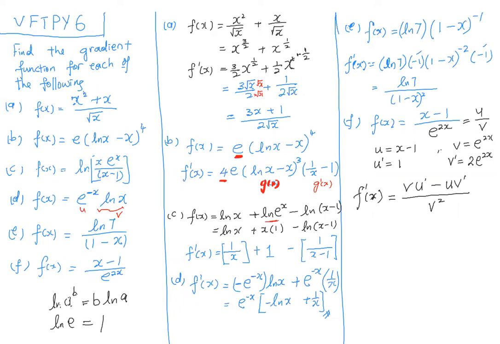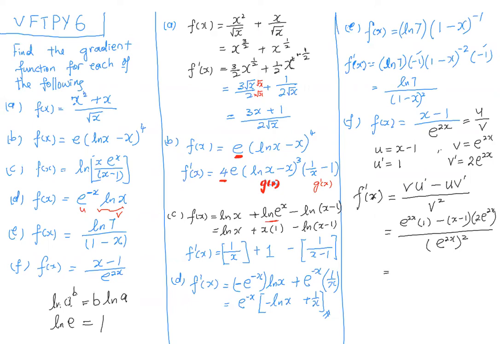So now I apply. e to the power of 2x is my V. U prime is 1. Take away V U. So as long as one of the functions has more than one term, you better bracket it up. This is your U, then V prime. The whole thing over bottom squared.